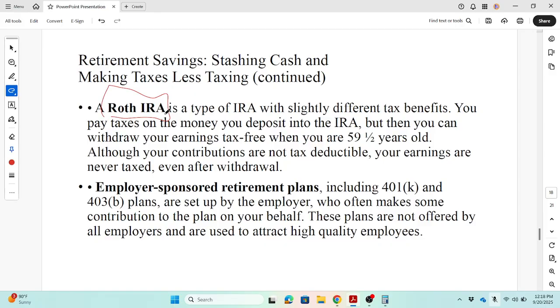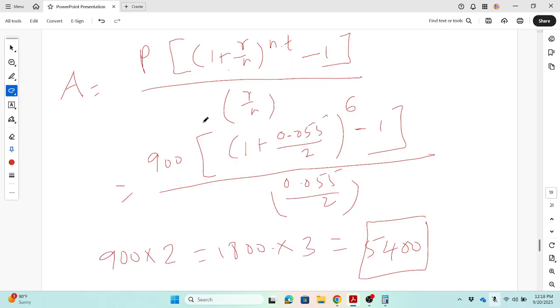But the good thing about the Roth IRA is, after you retire at a certain age, you don't have to pay the taxes. You have to check this, because this slide is taken from the past couple of years, so maybe it's a different number. So that's the beauty of Roth IRA. I really encourage you to Google about Roth IRA and try to understand. This is just a different retirement account. Okay, that's all for this section.